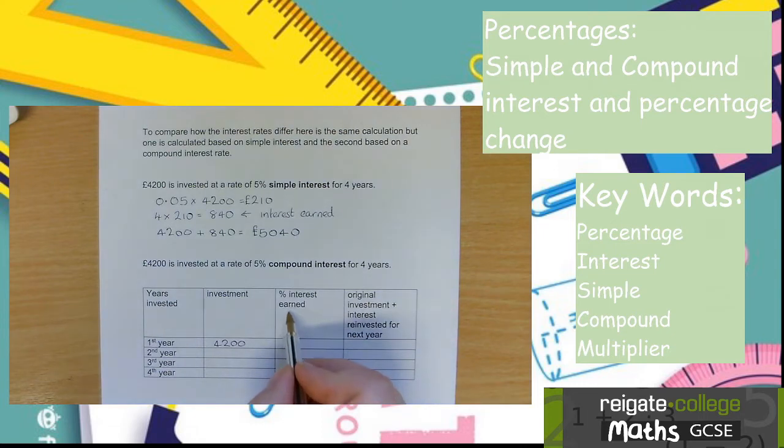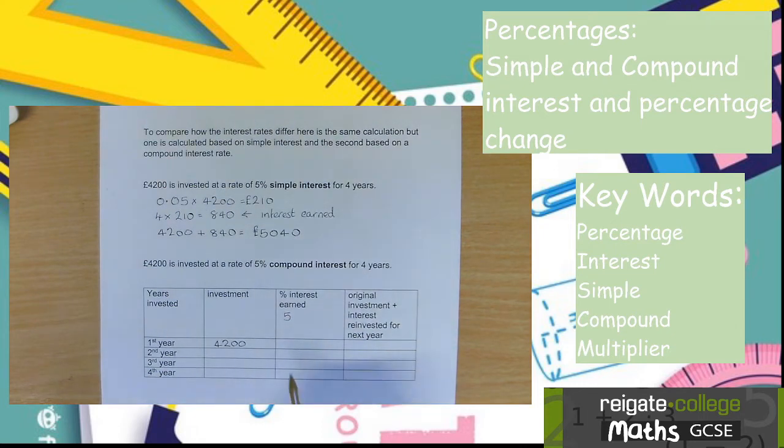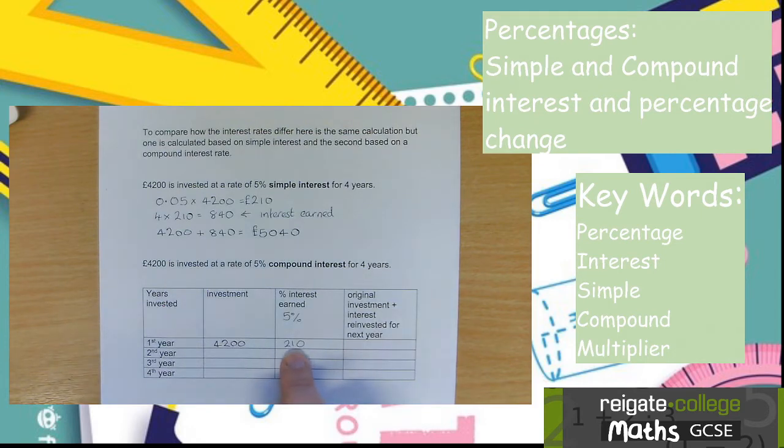My interest at a rate of 5% in the first year would earn me the same £210 as it did in my simple interest example here. But at the end of that first year, I will have my original investment plus my interest earned in my bank account.